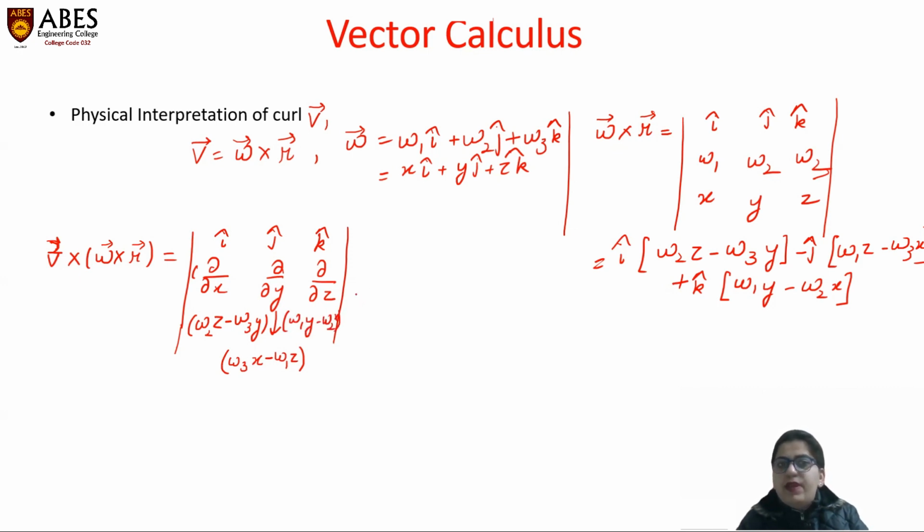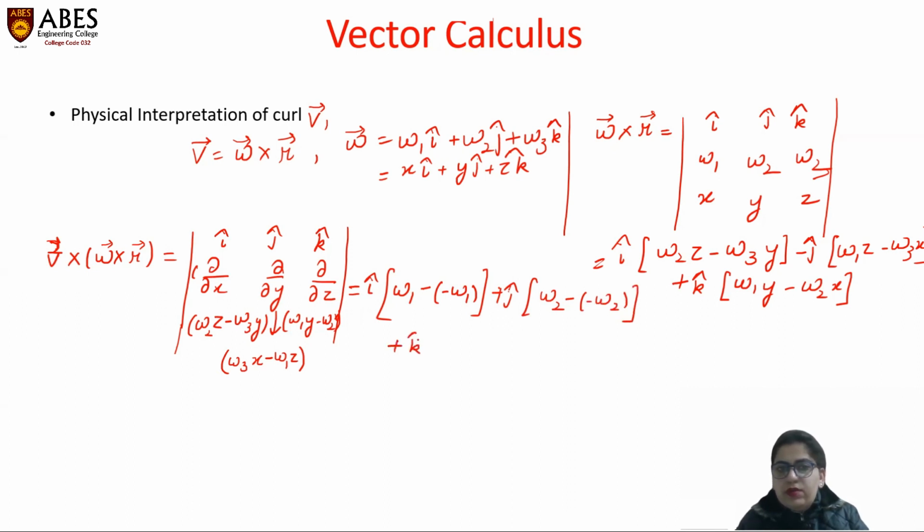Now again we will be calculating the determinant of this matrix, which will be i cap times the partial derivative of this with respect to y, that is w1, right? And this, that is minus of minus w1. Again we'll be calculating similarly in the second manner. It will be omega 2 minus minus omega 2.